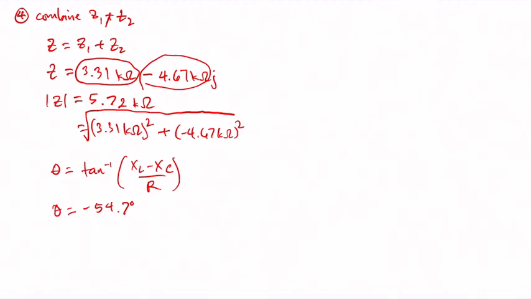Now that we have solved for this, we can now draw the phasor diagram for the impedance, which involves the real component, the imaginary component, and the amplitude.